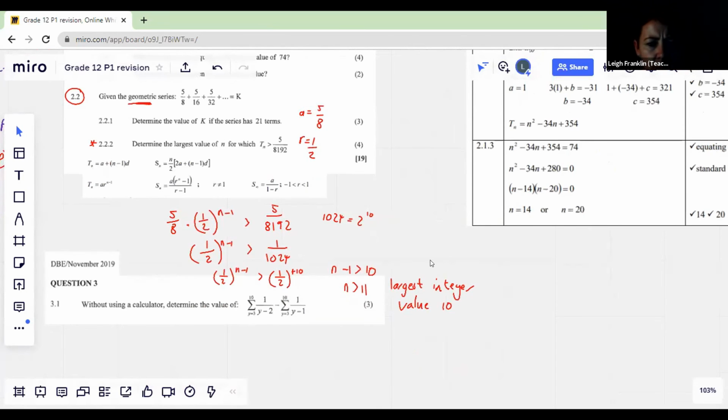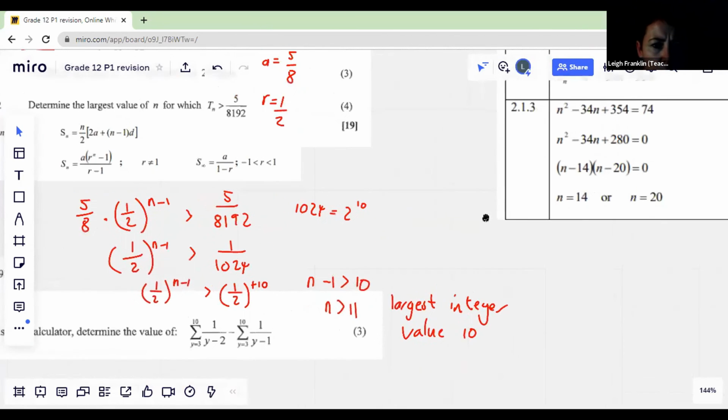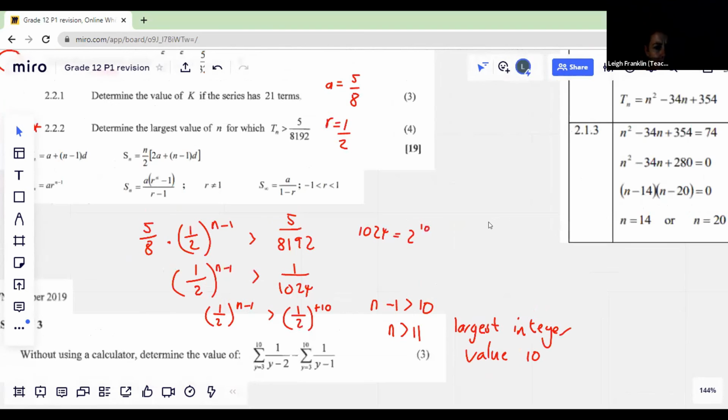What have we done wrong here? But if we divide, then our sign is not going to change, is it? If we divide by a negative, then our sign is going to turn around. But if we don't, then it won't.